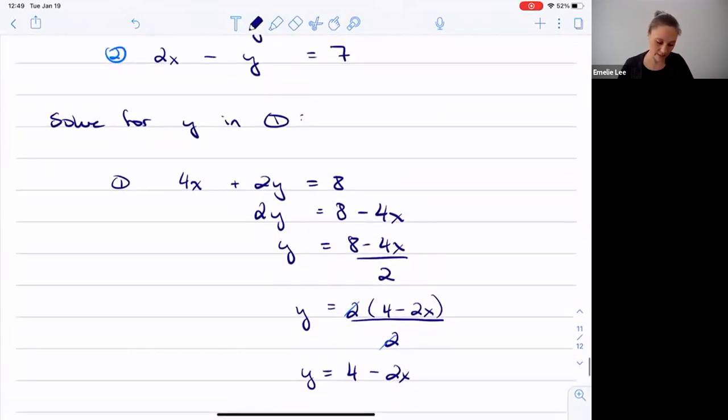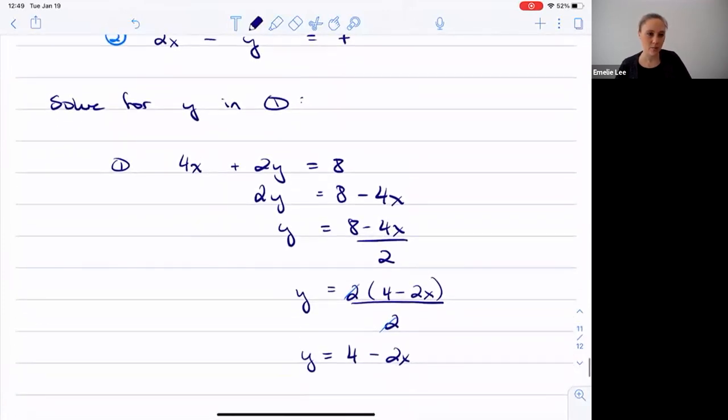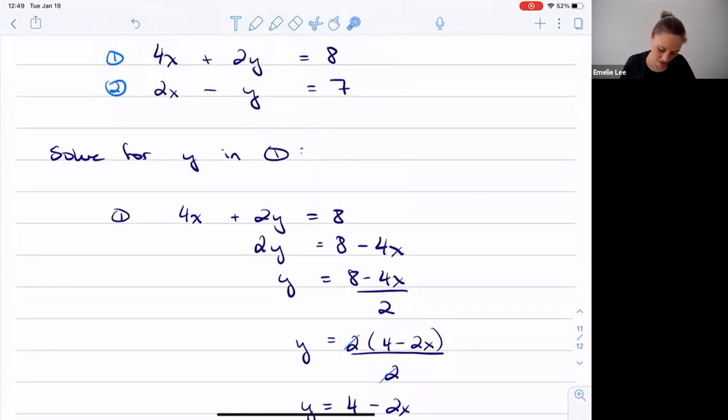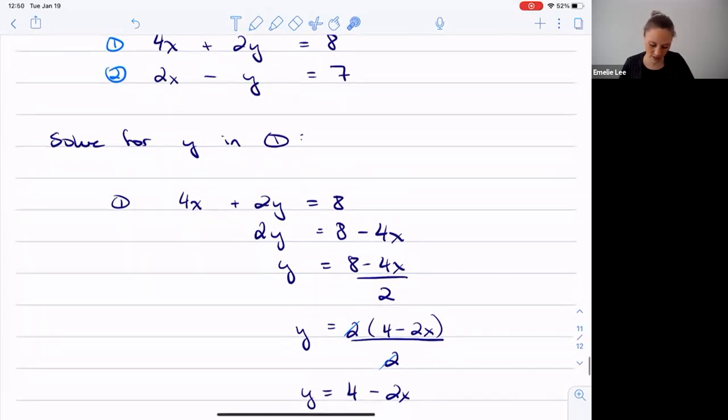Now, I'll leave it for us to come back to next day, but what I'm going to do, so this was from equation 1, y equals 4 minus 2x, is substitute y equals 4 minus 2x into the other equation, which is equation 2. So I get 2x minus y, but in this format now. y is going to be replaced by 4 minus 2x.